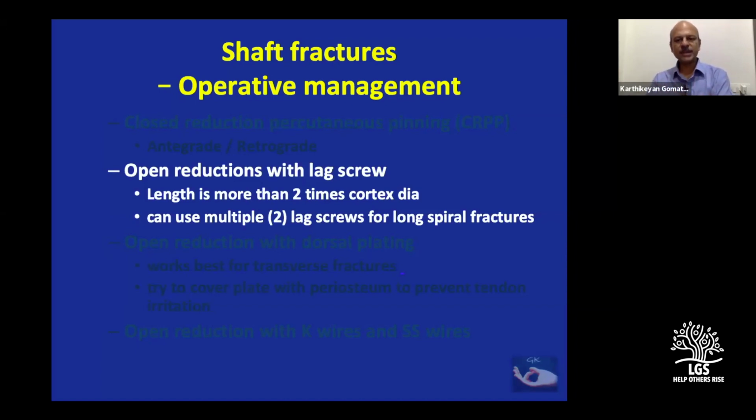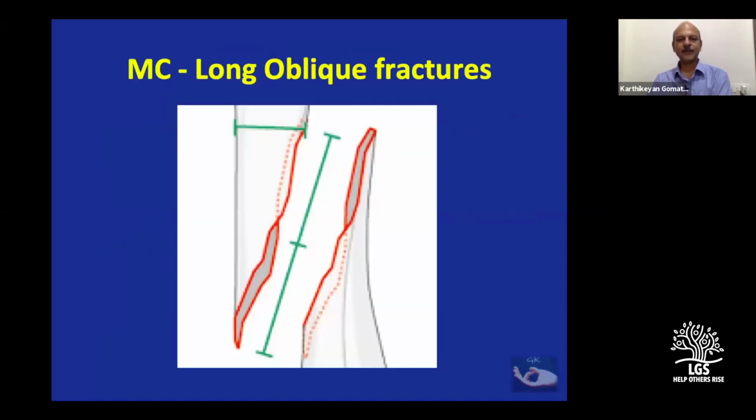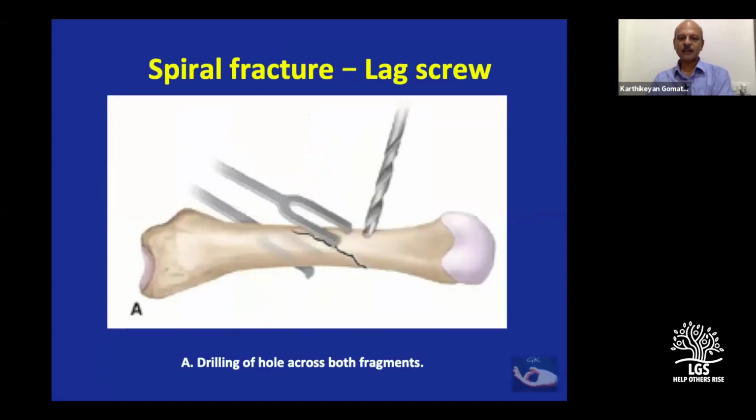So how is this lag screw fixation done? I told you this is more than 2 times the diameter of the bone. It is called a long spiral and it needs lag screw fixation. There are 6 important steps in fixation with a lag screw. The first is drilling a hole across both fragments, and it must be kept at right angles to the fracture line.